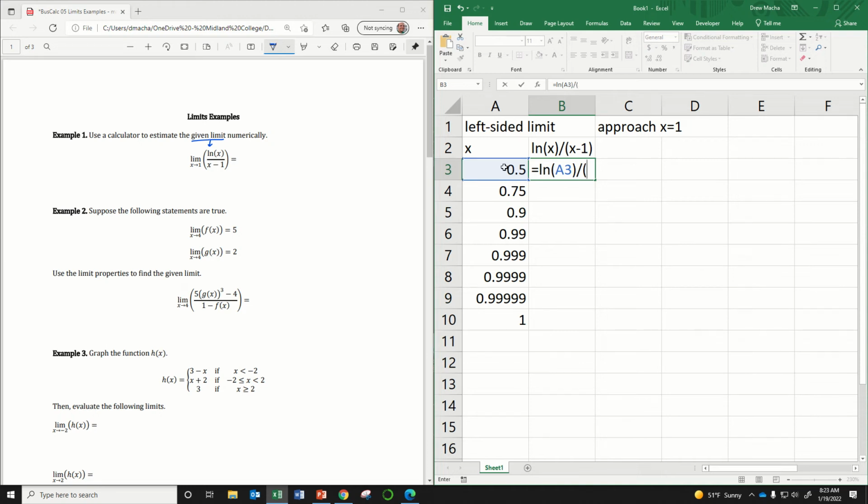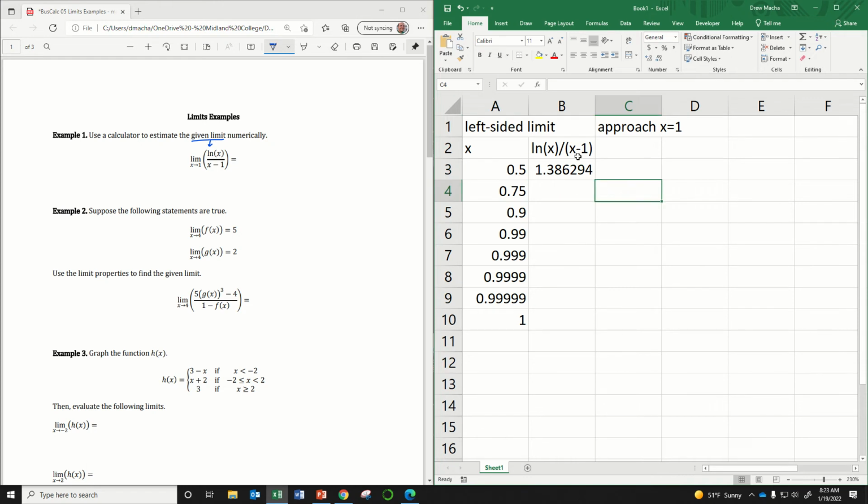I'm going to click on the cell again to get my x value, and do minus 1, close parentheses. When I've typed my little Excel formula, I'm going to hit enter, and it's going to return a value, which is this expression evaluated at x equals 0.5.